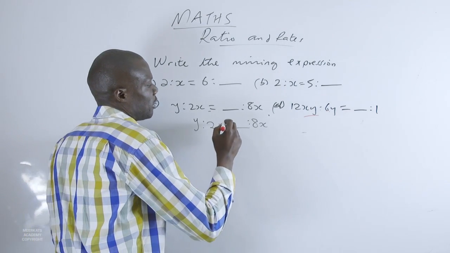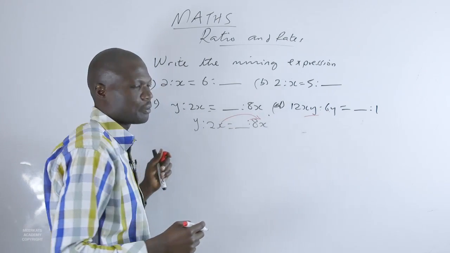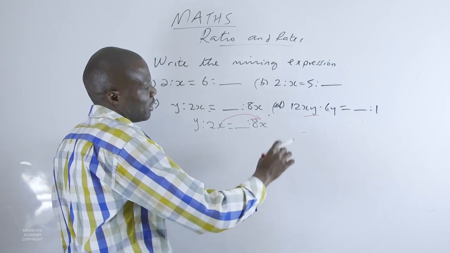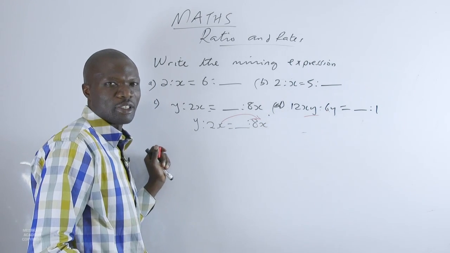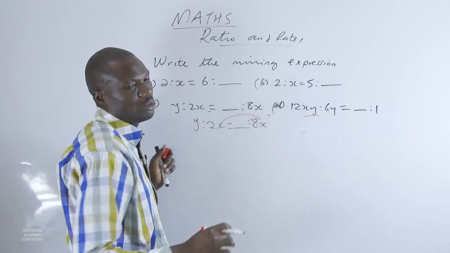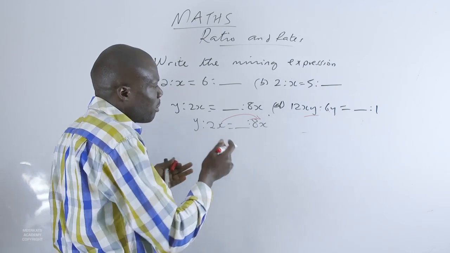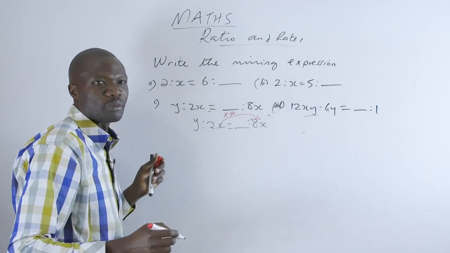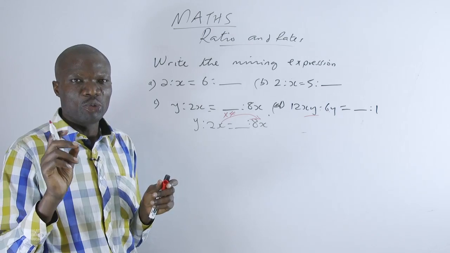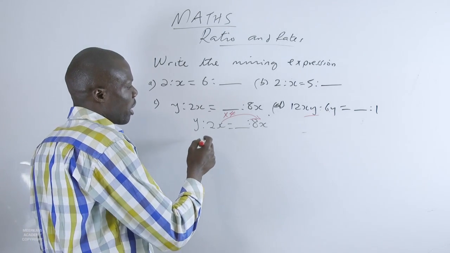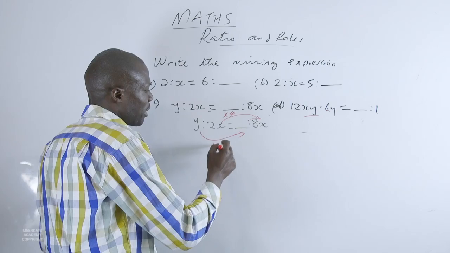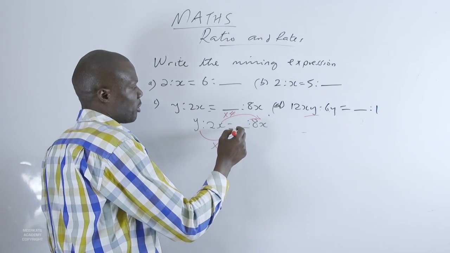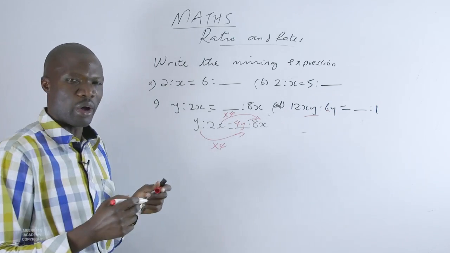Our interest, the second one, is complete. What happened to 2x to give us 8x? The x is the same, so we maintain that. So 8 divided by 2 is 4. So they multiplied 2x by 4. Take y, multiply by 4. You will find the missing expression to be 4y.